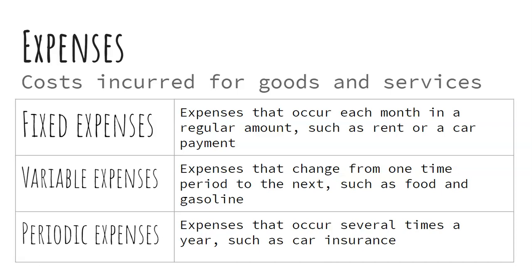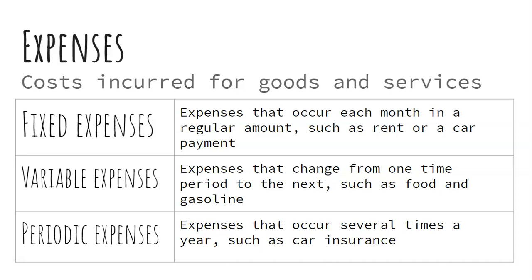And then we have variable expenses, which means that they vary or they change from one time period to the next. So for food, unless you're buying the exact same things every month, your food expenses are going to change from month to month. In the winter, maybe you are wanting to make different types of food than you would have in the summer.